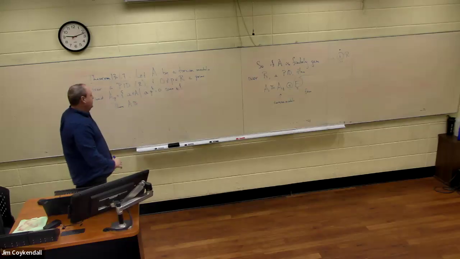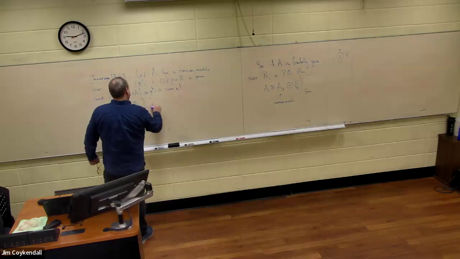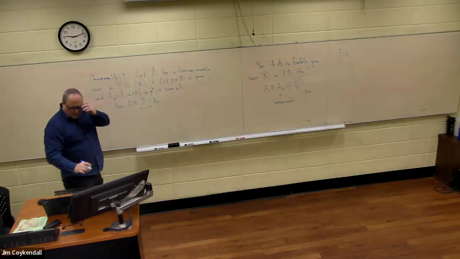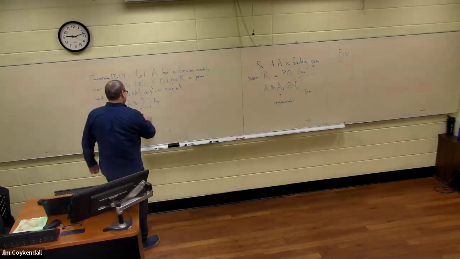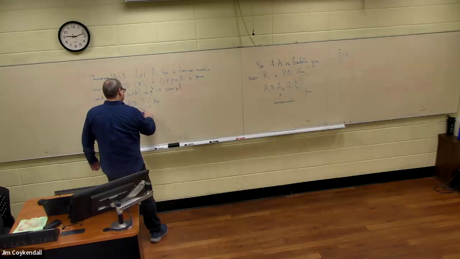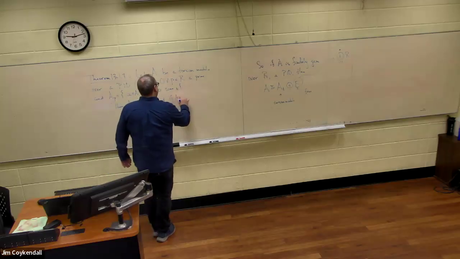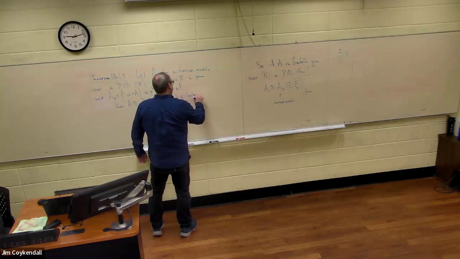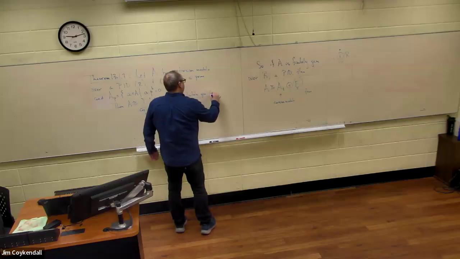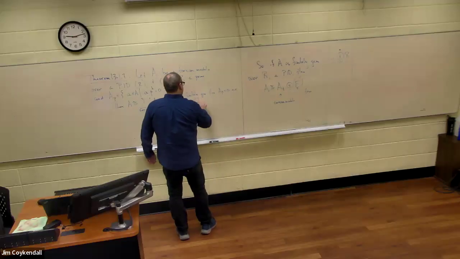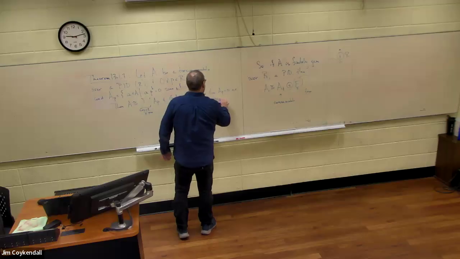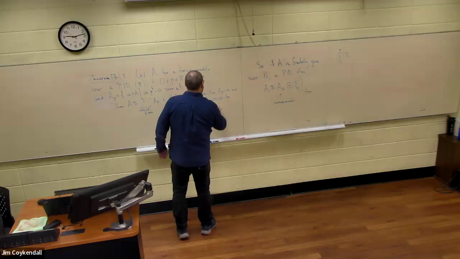Then A is isomorphic to the sum of AP, where P ranges over all the non-zero primes of R. And if A is finitely generated, then AP equals zero almost everywhere. AP is zero except for finitely many P.